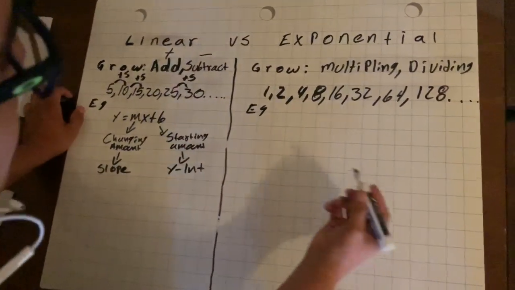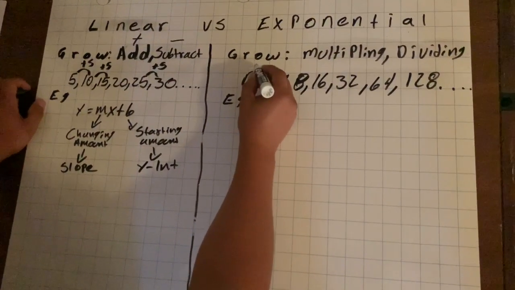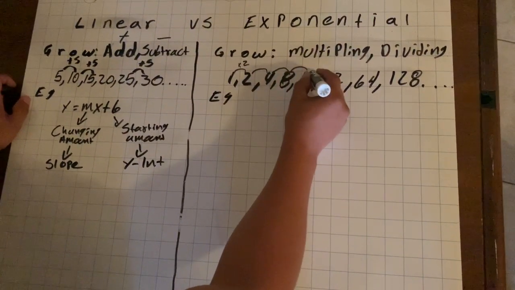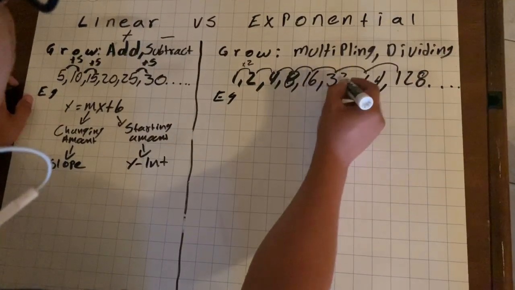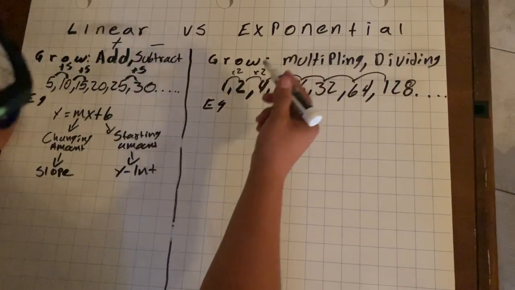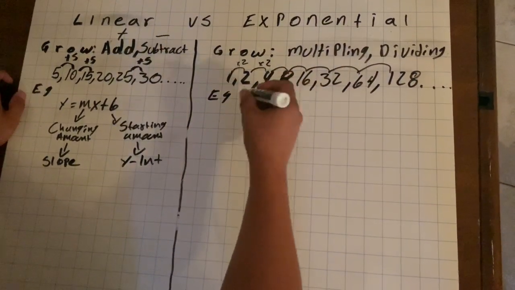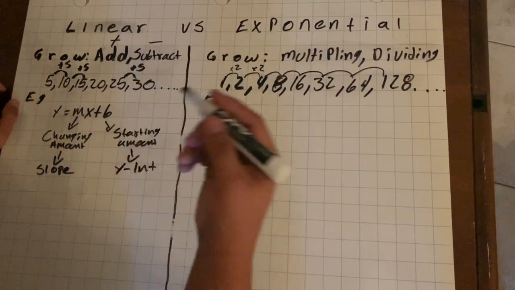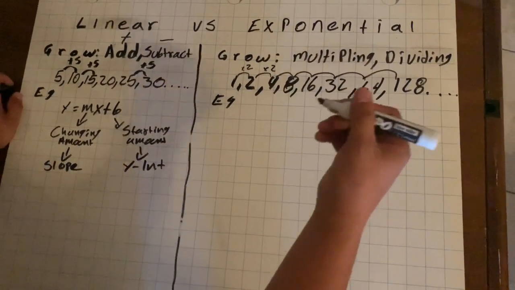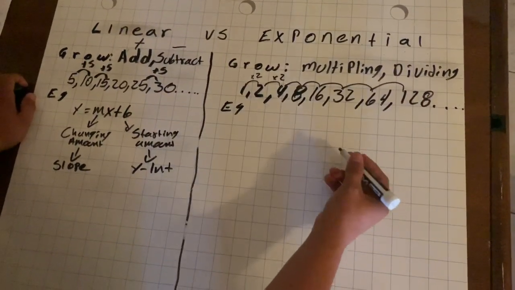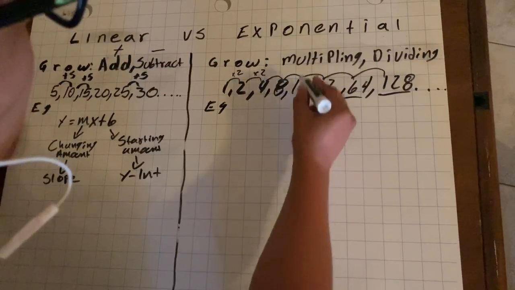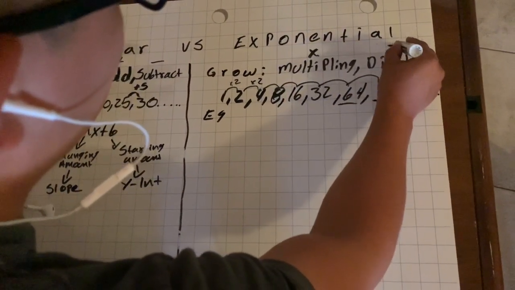As you can see, this one is multiplying by 2. So 1 times 2 is 2, 2 times 2 is 4, 4 times 2 is 8, 8 times 2 is 16, 16 times 2 is 32, 32 times 2 is 64, and 64 times 2 is 128. So remember, it's multiplying and dividing.